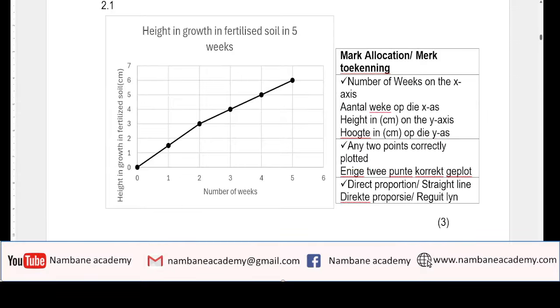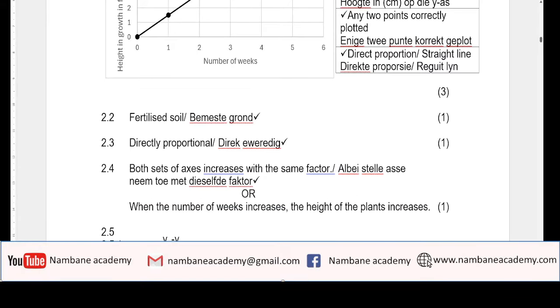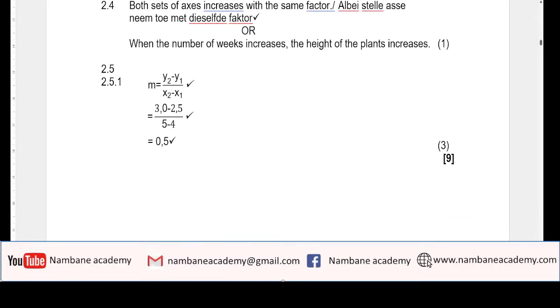So why does it say of the graph? Yes, and they must calculate. No, Manyati, here it's written calculate the gradient of the graph. Which graph are you talking about? It should then have said calculate the gradient from the data given above, not graph.